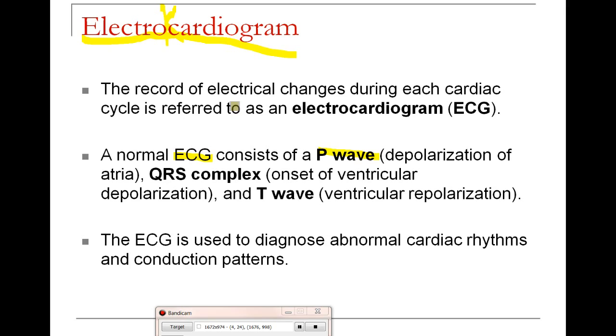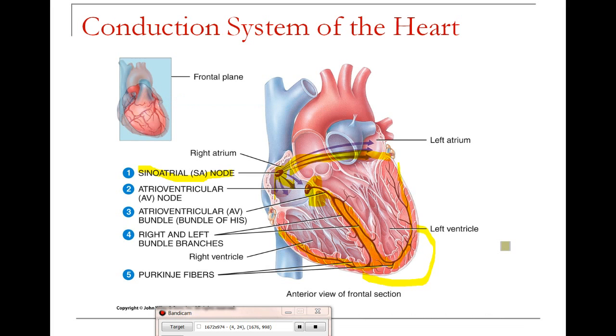I'm going to show you, we can do some of these in lab, and I'll show you some EKGs so you can see what they look like. ECGs are really looking at the electrical current of the heart. You can determine the health of the heart and see how it's operating. If there's some damage to this system, you're not going to have a normal ECG.